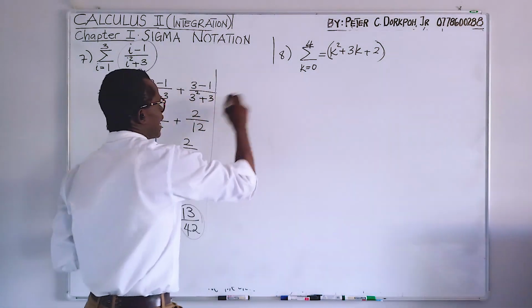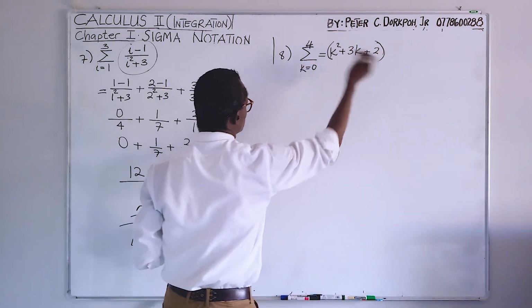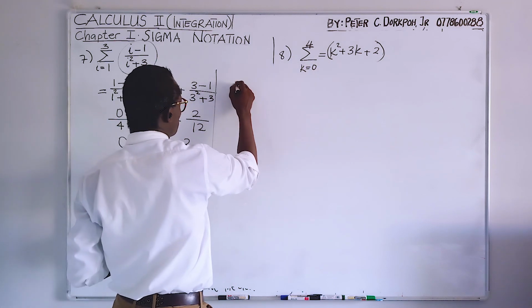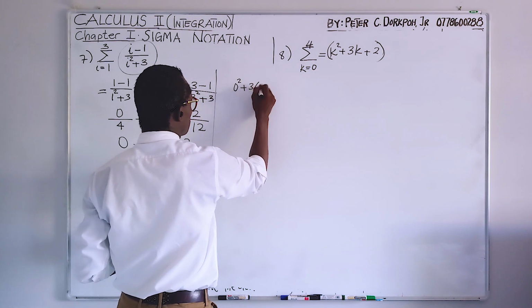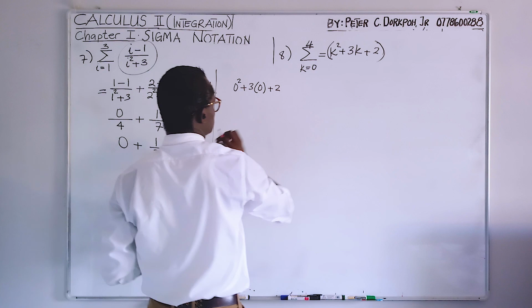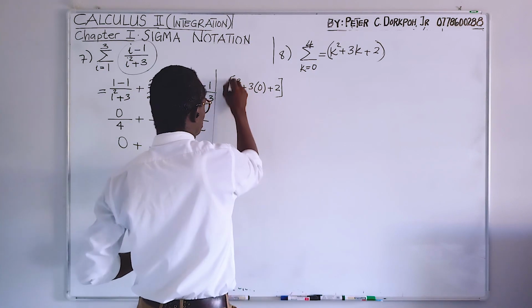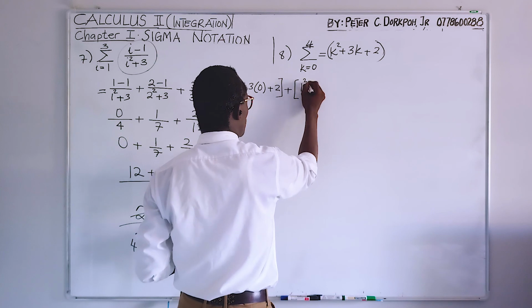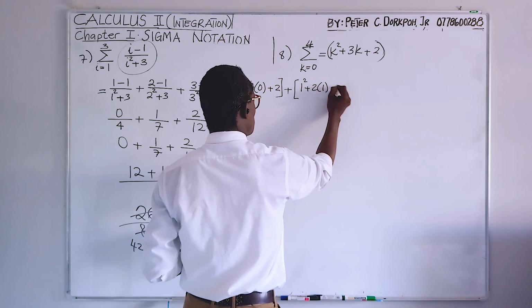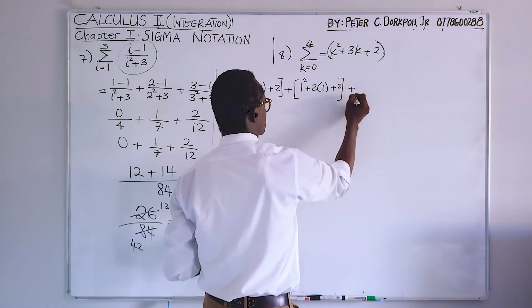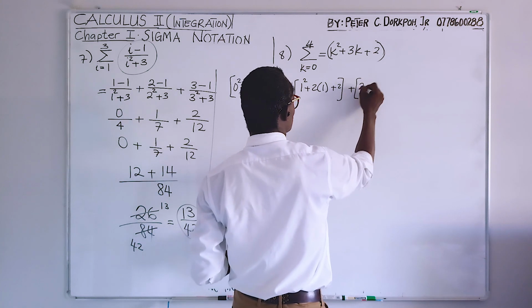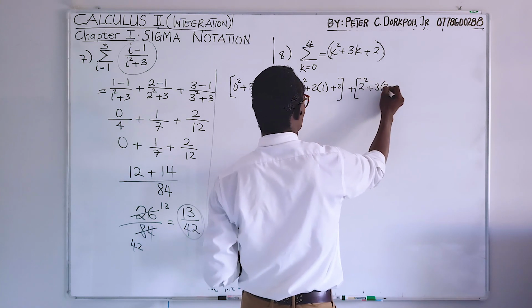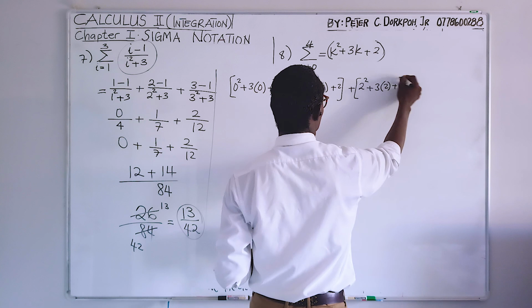So now we have k squared plus 3k plus 2. When k is 0, you have 0 squared plus 3 times 0 plus 2. This is the first sum. Plus, when k is 1, 1 squared plus 3 times 1 plus 2. Plus, when k is 2, 2 squared plus 3 times 2 plus 2.